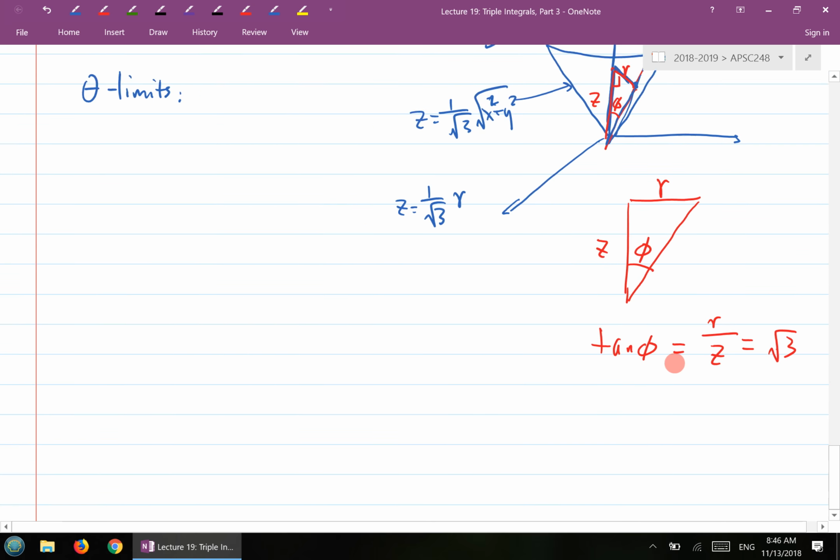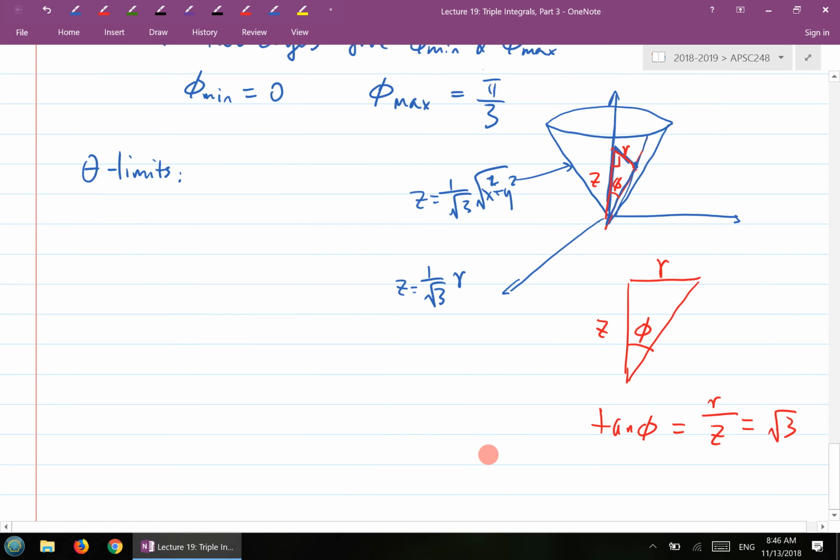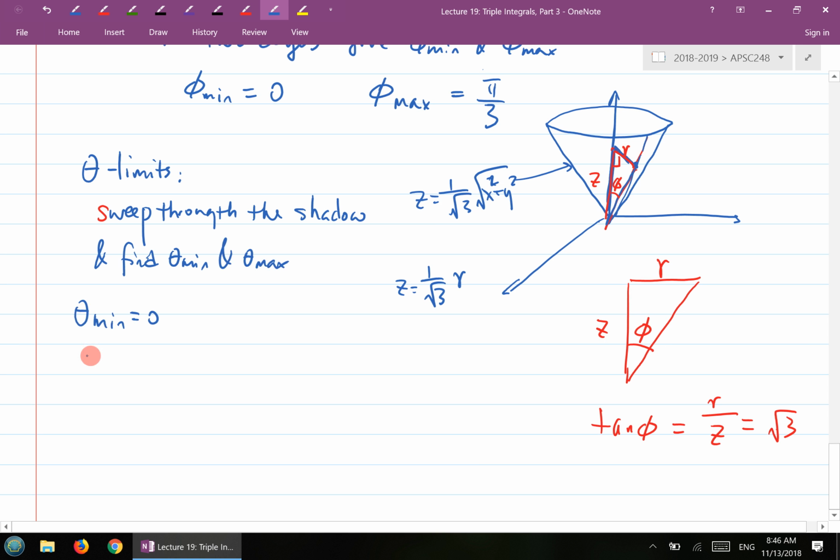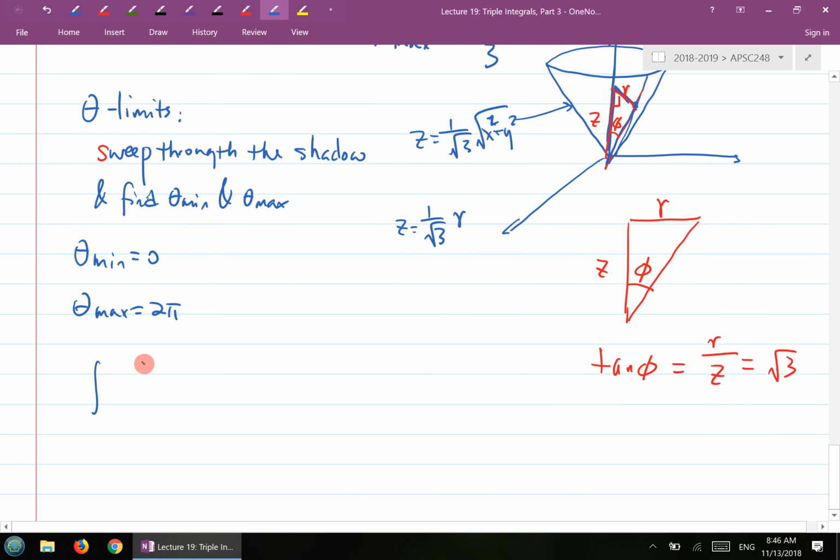So your theta is to sweep through the shadow and find theta min and theta max. In our case, theta min is 0 and theta max is 2 pi. So now you have all the limits, and put down all the limits set here.